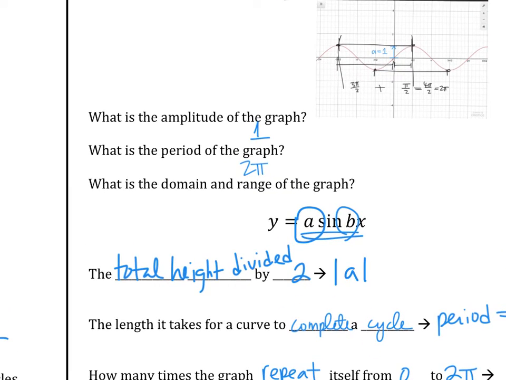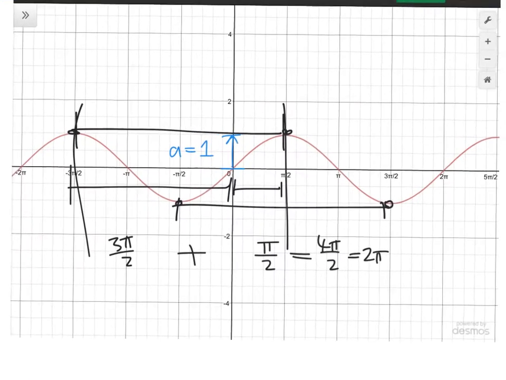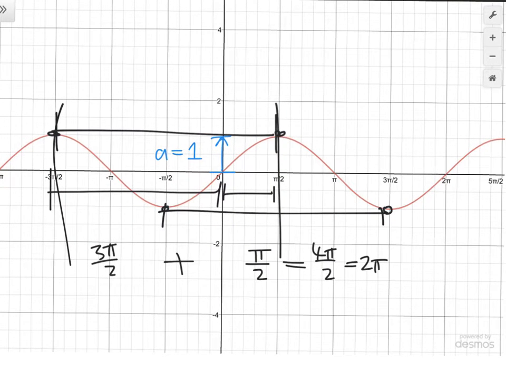Now let's look at the last thing. What is the domain and range of this graph? So what is all the possible x's and what is all the possible y's of this graph? Let's say that this graph goes on forever. So what is all the possible x values? You ask yourself, is there any point where x does not exist? Where can I keep going to the right? Can I keep going to the left?